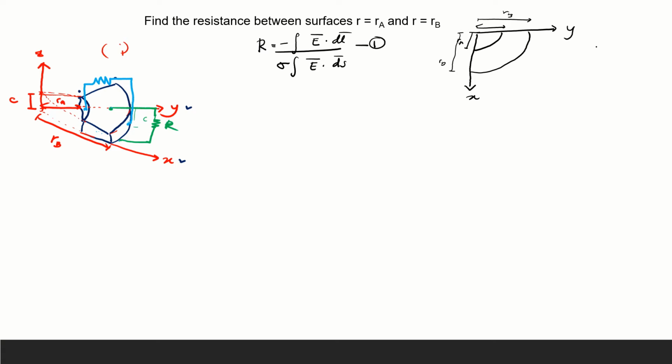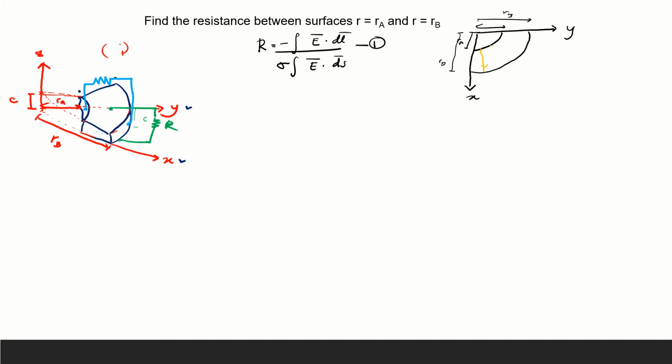Now we can see that the electric field that flows in this structure, I just assume, is flowing from RA to RB, from the inner of the structure towards the outer.